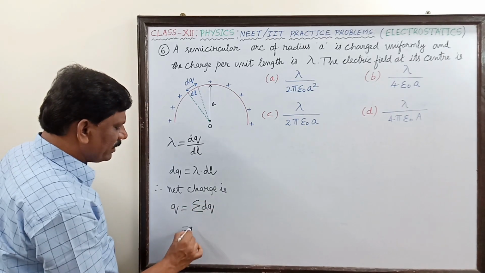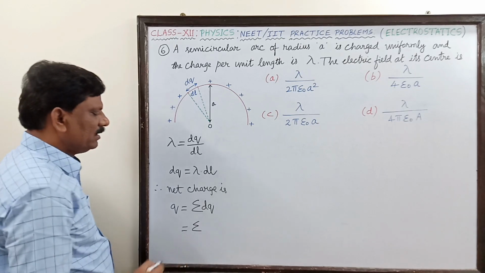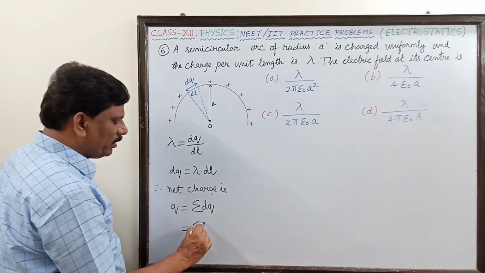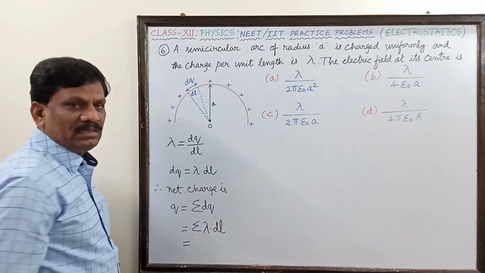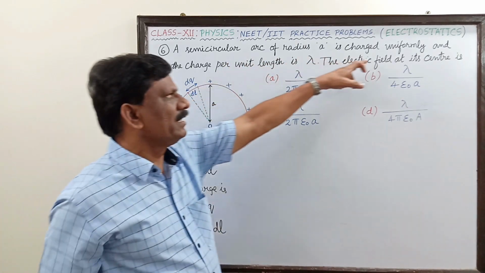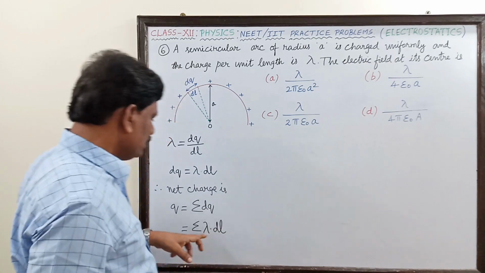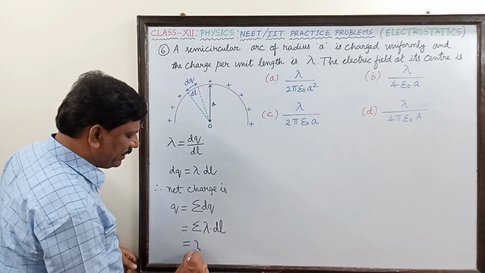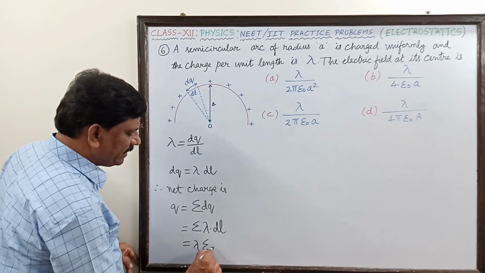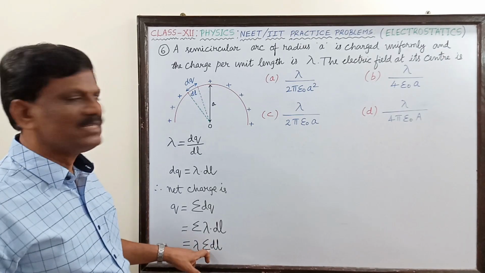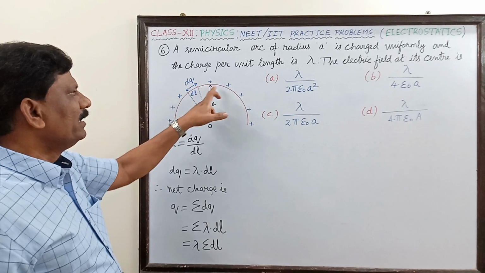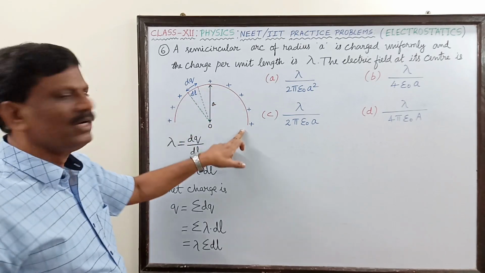So this is equal to sigma, and instead of dq I can substitute lambda into dl. Since the charges are distributed uniformly, lambda is a constant, so I can take it out: lambda into sigma dl. Sigma dl means we are going to add the elements present from one end to the other end.